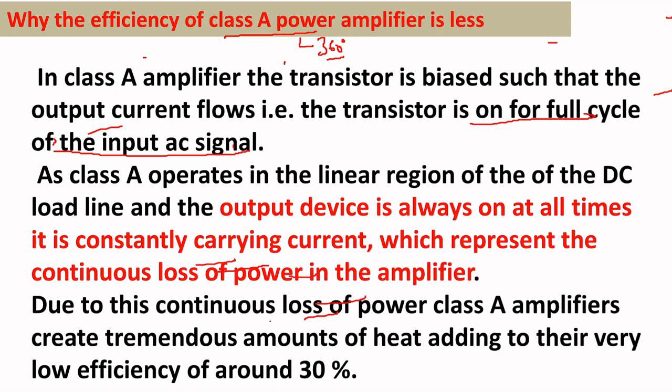The reason is very simple. The transistor will be on for both the positive swing and the negative swing, so throughout the period of the input signal it is on. So the power wastage will also be more. In that consideration, the class A amplifier efficiency will be very low compared to other power amplifiers.